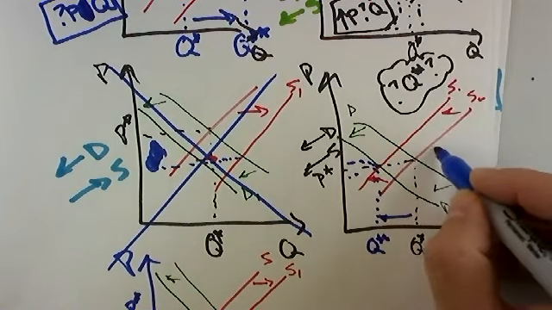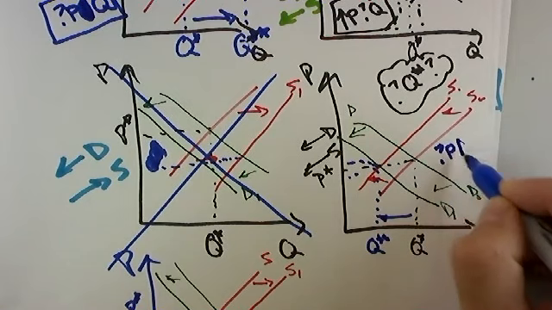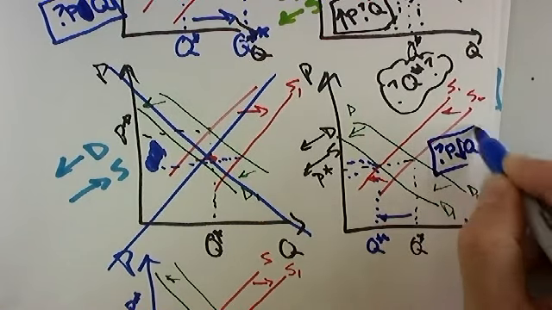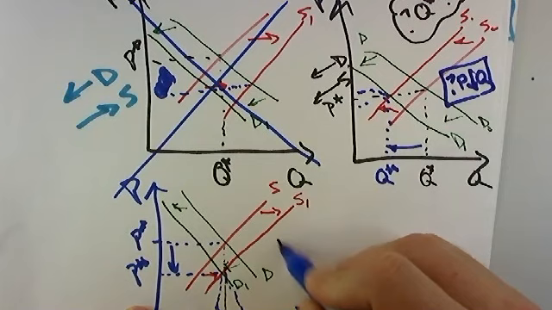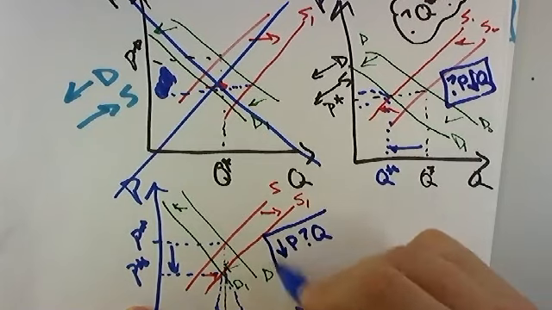And so this one is a question mark on the price and a decrease on the quantity. Oh, sorry, this one is a decrease on the quantity, question mark on the price.